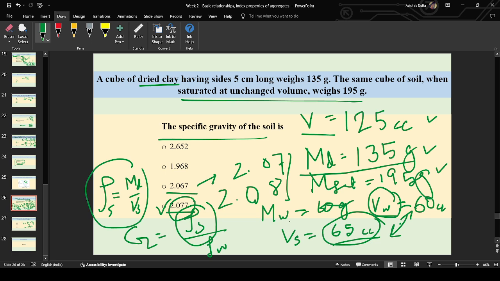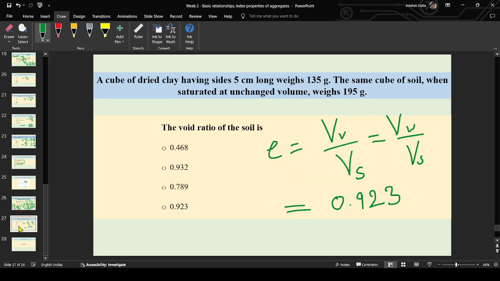This has no effect. I'm just calculating the value of void ratio from the volume of water and the volume of soil solids. That's it. Even if there was an influence, I have done this using one particular scenario.